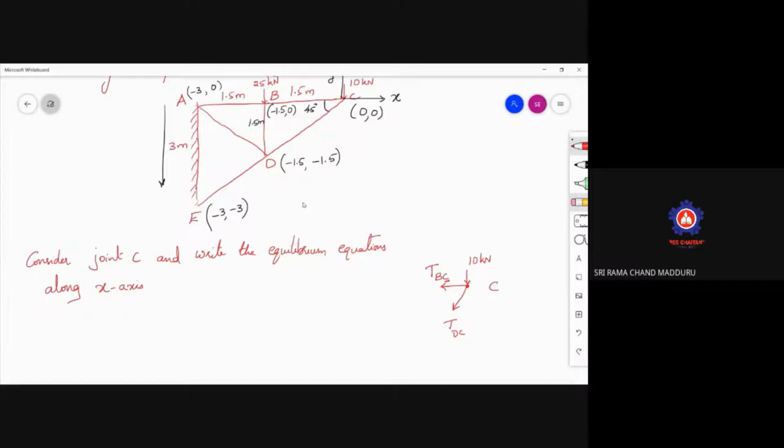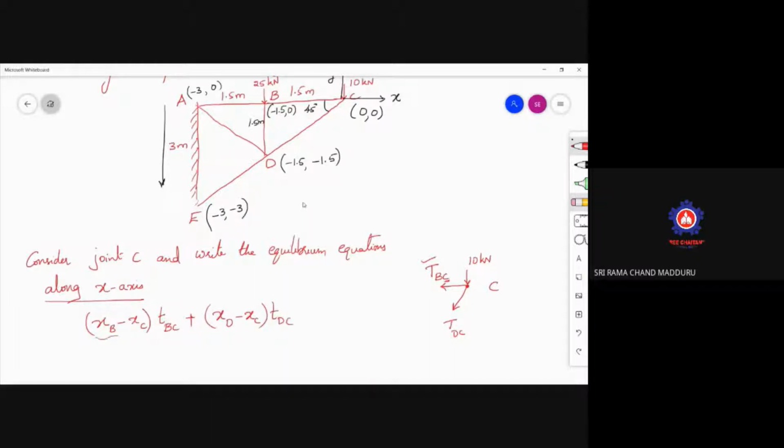Now, what is the equilibrium equation that we need to write here along the x-axis? For the first, TBC: xB minus xC into the tension coefficient TBC, plus xD minus xC into TDC.